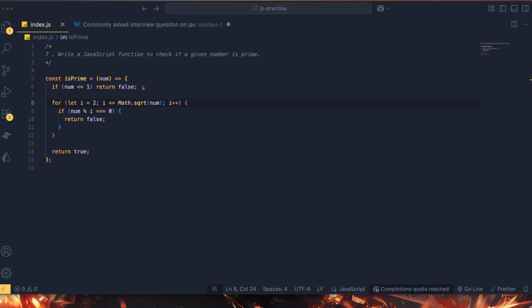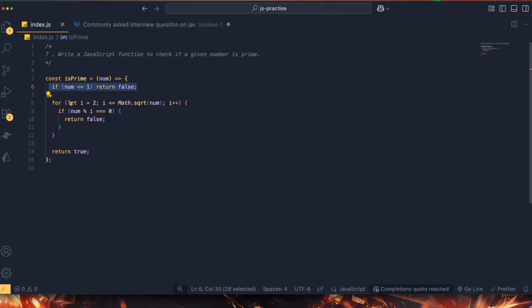In the first line, any number which is less than or equal to 1, like 0, -1, 1, whatever it is, is not a prime number, right? The prime numbers are greater than 1 and divisible only by 1 and by themselves, right? That is the reason we have written this condition over here.